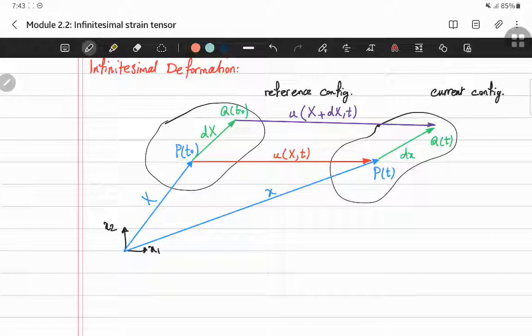So the distance between them in the reference configuration is d capital X, and in the current configuration it is d small x. So we have the displacement vector as u of X and t, and for the point Q at t0 and point Q at t it is basically u of X plus dX and t, which makes sense.